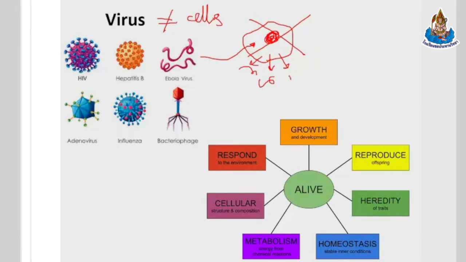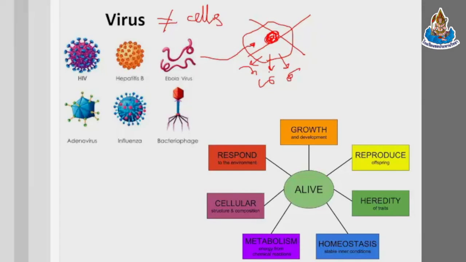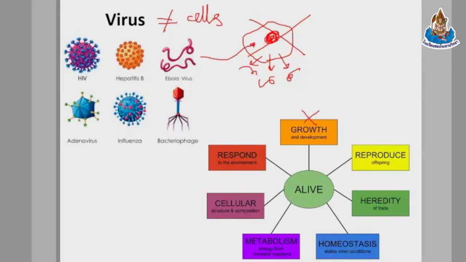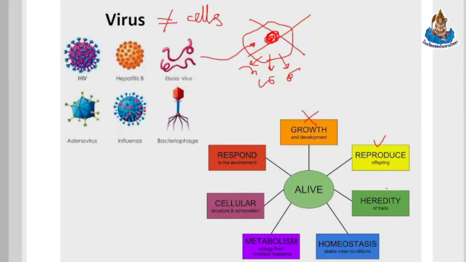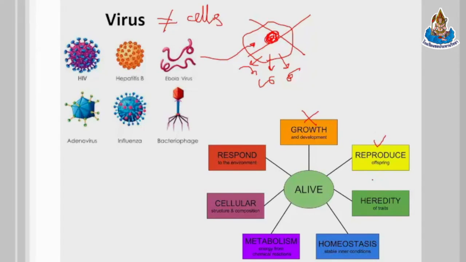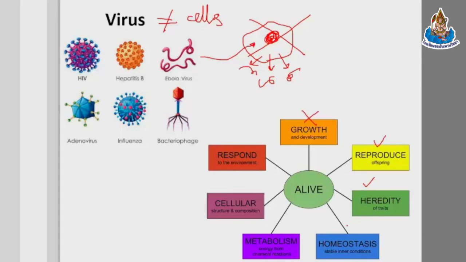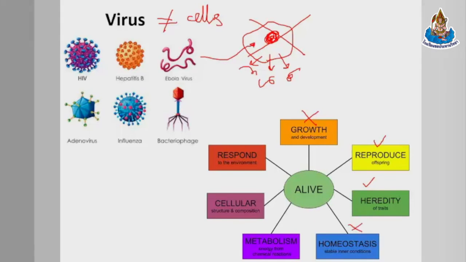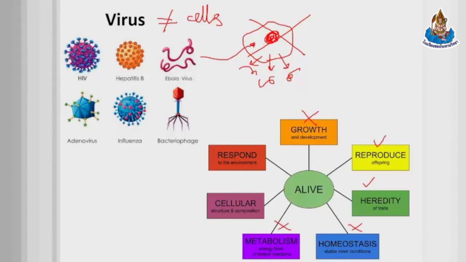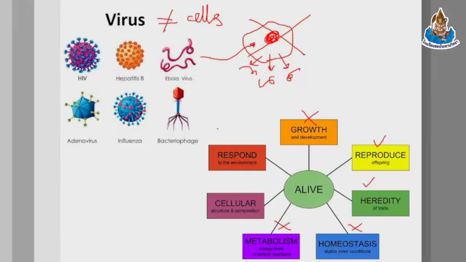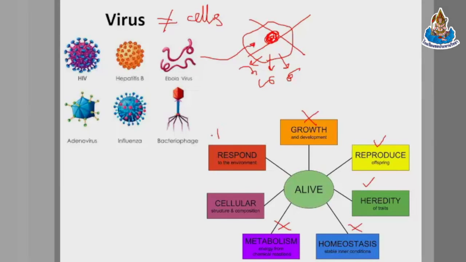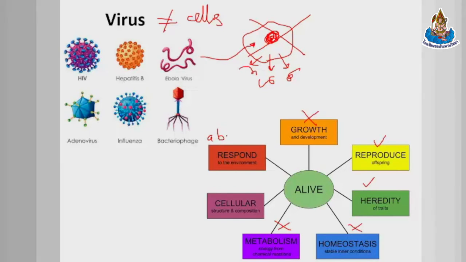It can pass on its traits. It has no homeostasis. It doesn't have its own metabolism. And it barely responds to the environment. So we don't count a virus as an organism.